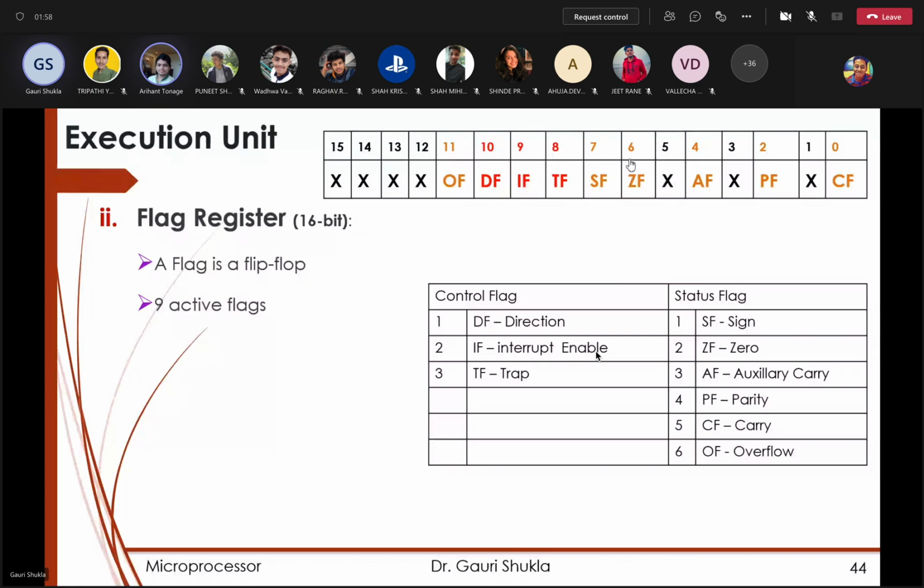Just give me a second. I'll just change it. Better now?